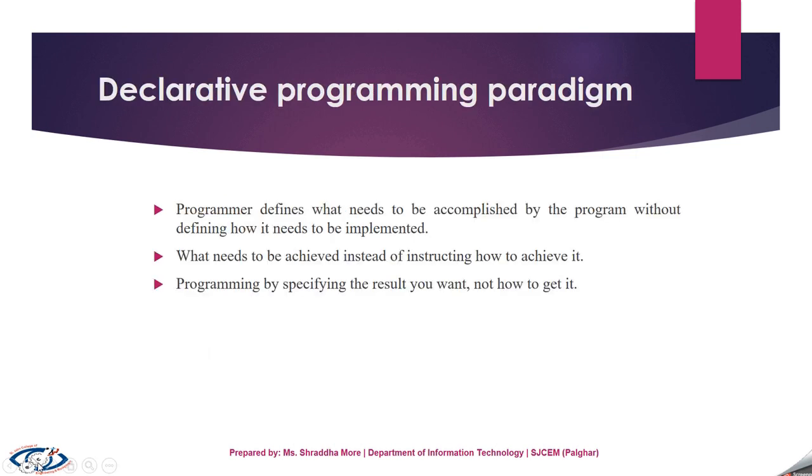Let us see the next main subtype of paradigm, that is the declarative programming paradigm. Here the programmer defines what needs to be accomplished without defining how it needs to be implemented. So the main focus is on what needs to be achieved instead of instructing how to achieve it.